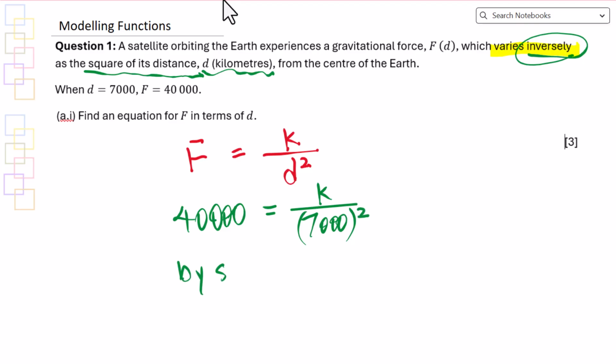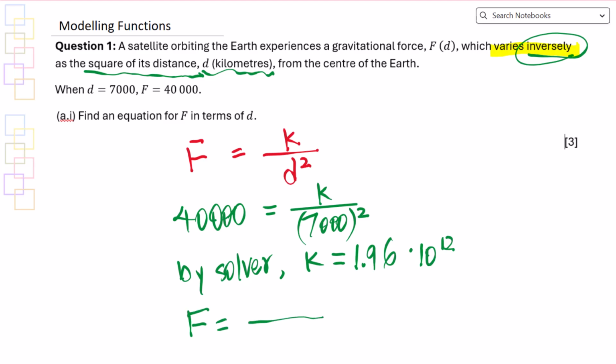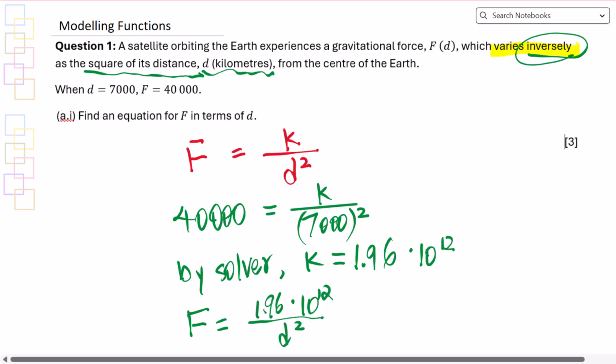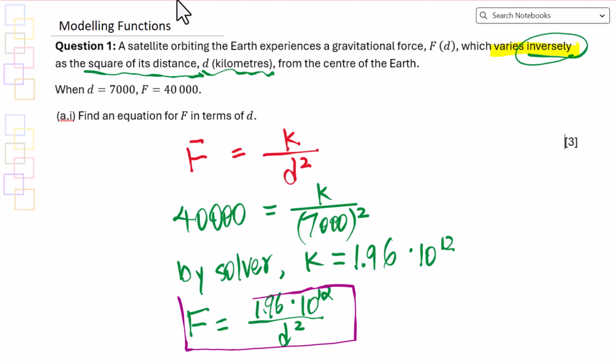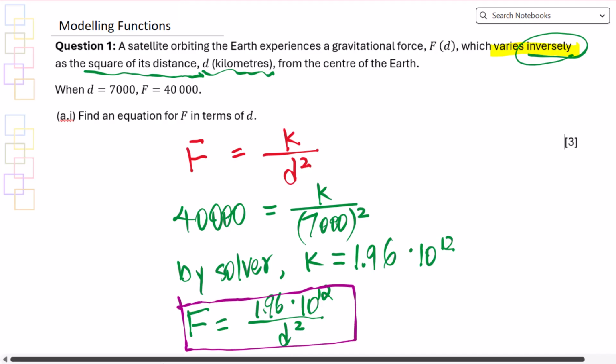By solver, k equals, we got 1.96 times 10 to the power of 12. So F equals 1.96 times 10 to the power of 12 over d squared. This is the equation for F in terms of d.